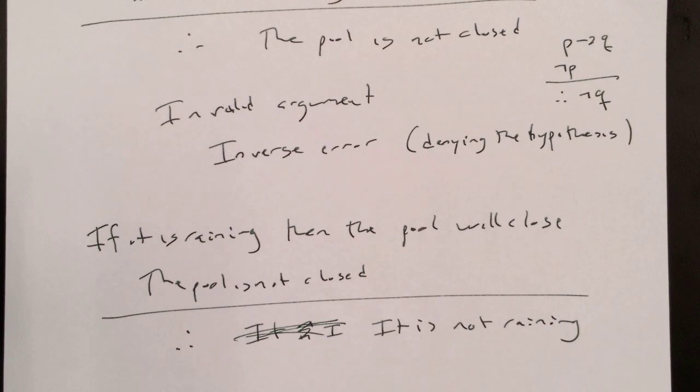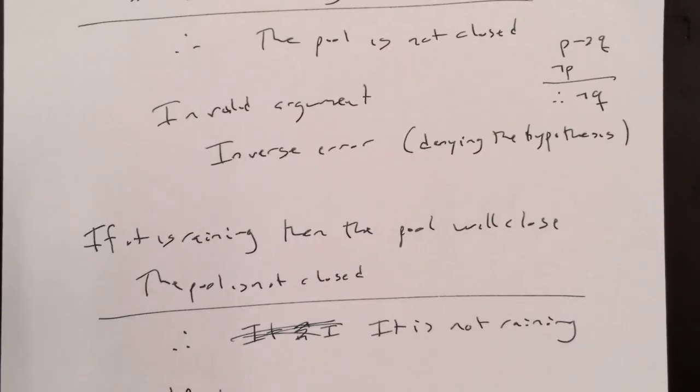Pool's not closed. Can't be raining. This is still detachment. It's detachment using the contrapositive. So I'm going to call this a valid argument. I'm going to call it contrapositive detachment.